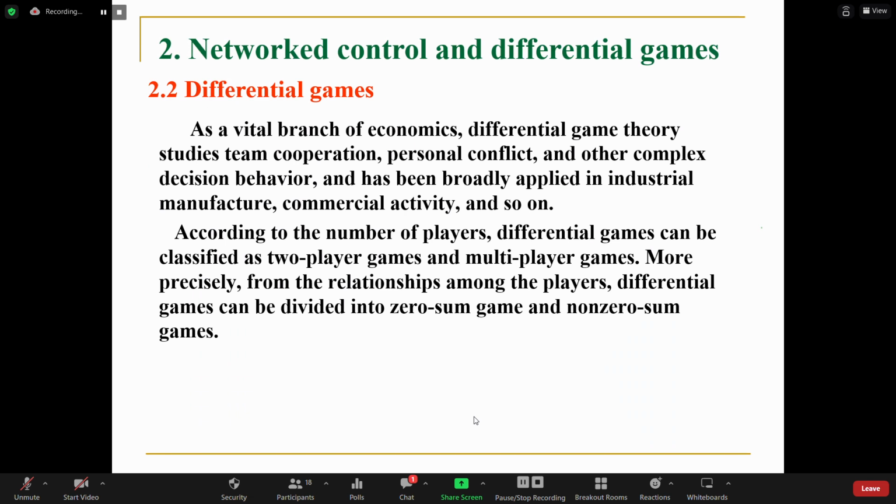It studies team cooperation, personal conflict, and other complex decision behavior, and has been broadly applied in industrial manufacture, commercial activity, and so on. According to the number of players, differential games can be classified as two-player games and multiplayer games. More precisely, from the relationships among the players, differential games can be divided into zero-sum games and non-zero-sum games.